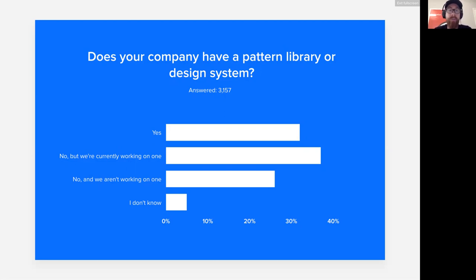First of all, people believe that UX consistency is a really big problem, and then they're building a design system, they're investing resources into building a design system or just a pattern library if that's all that they can do at this particular moment. So when at the very beginning of the talk, I said design system is not just another trend, it is a new way of building products and scaling our practice, this is confirmed by research that we've done.